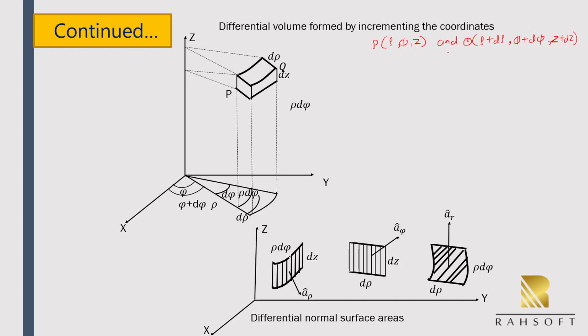So Q is obtained by incrementing, infinitesimally, each coordinate from its value at point P.